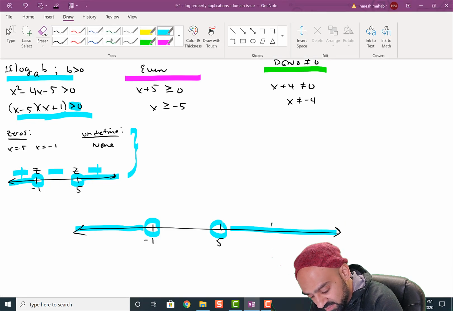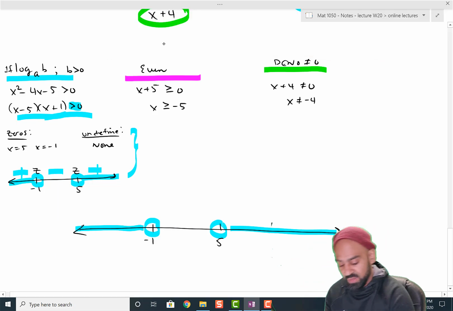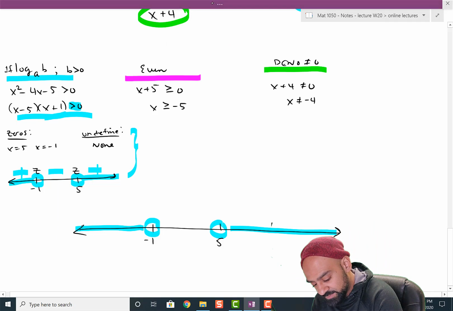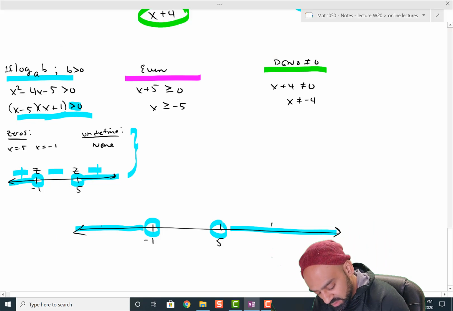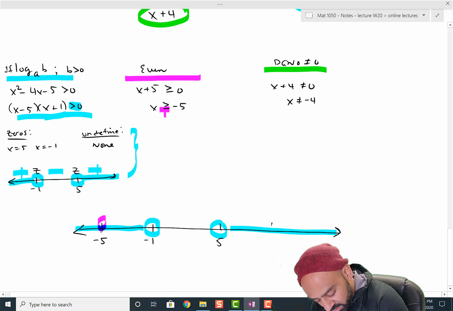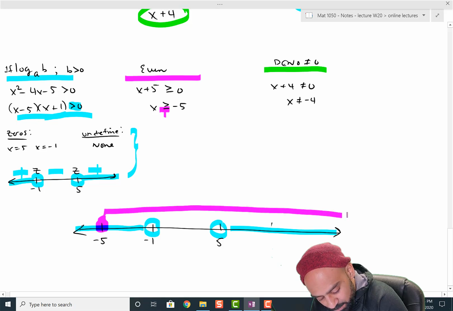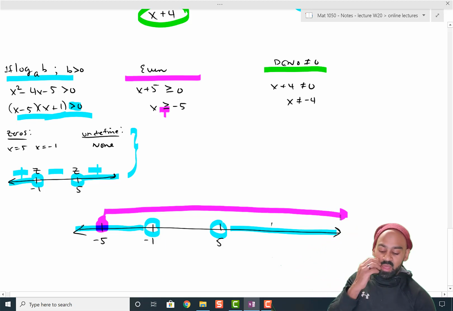Okay? The even root comes along and says, hold on though. If it's negative 5, here's negative 5. It says, I like negative 5 because I can be equal to negative 5, right? I can be equal to it. Okay, but I like everything that is bigger than that.